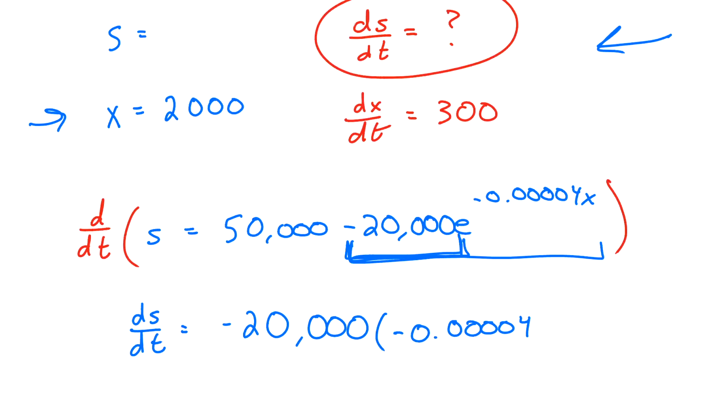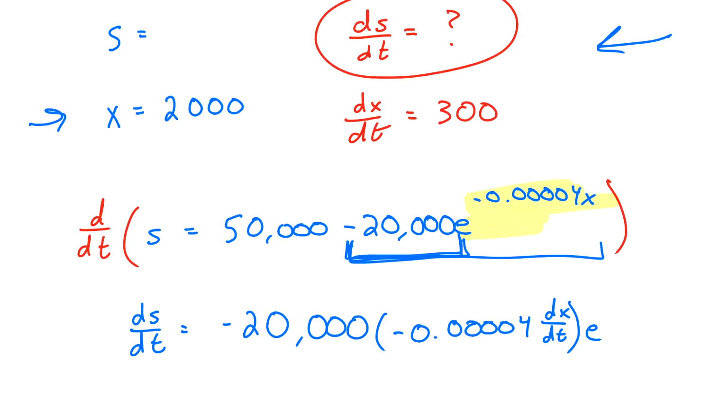Almost, but remember, we're taking the derivative of x. X is a function of time. It changes as time goes on. So that means that I need to use implicit differentiation, which means I need to multiply this by dx over dt. Times, and then the exponential part of this problem stays exactly the same.